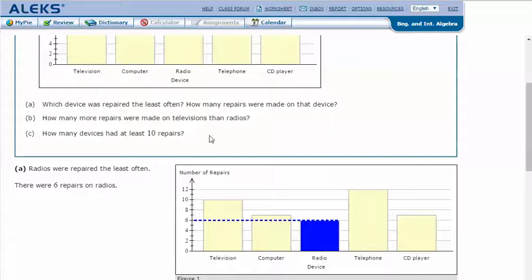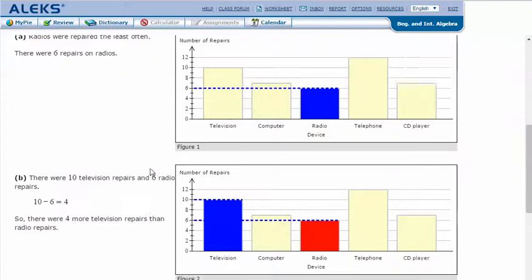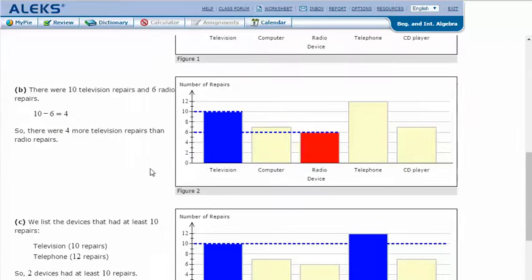That's a subtraction problem. So we're going to take the number of repairs made on televisions minus the number of repairs made on radios. So televisions is up here at 10, and radio is 6. So 10 minus 6 is 4. There were 4 more television repairs than radio repairs.